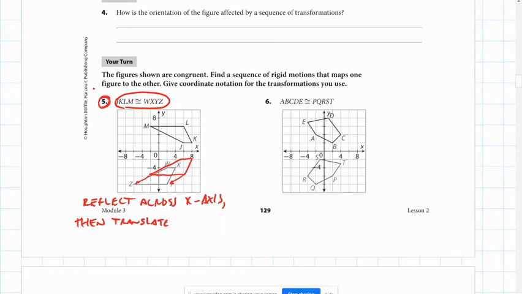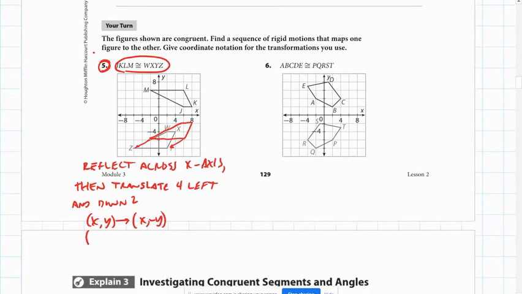It looks like 2 units to the left and 1 unit down, or actually each of these boxes is 2 units, so we're going to translate 4 units to the left, so 4 left and down 2, because again each box represents 2 units. And so the reflection is going to be (x, -y), and then the translation is going to be (x - 4, y - 2).